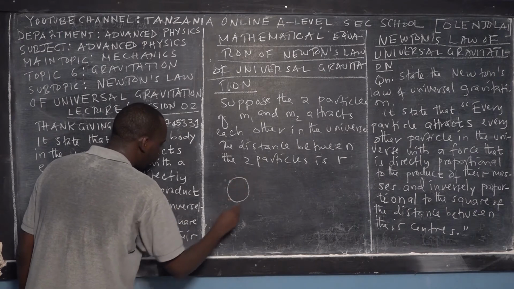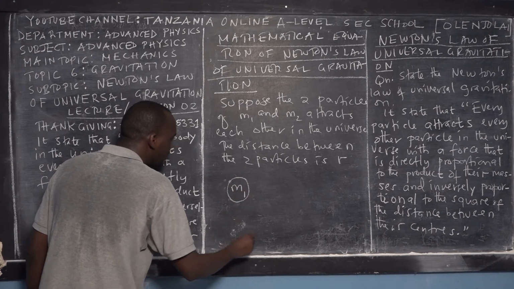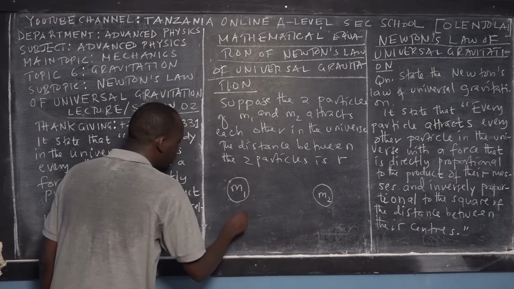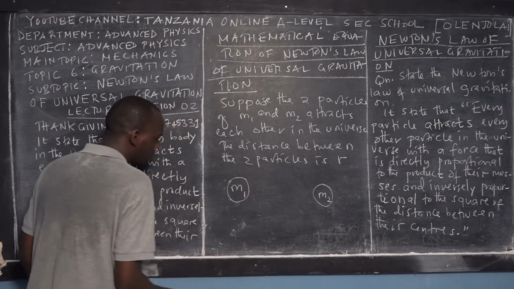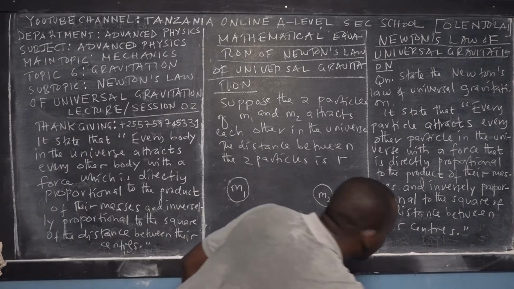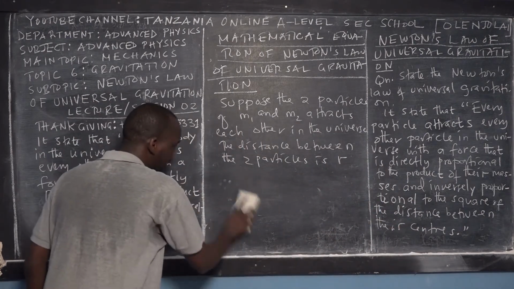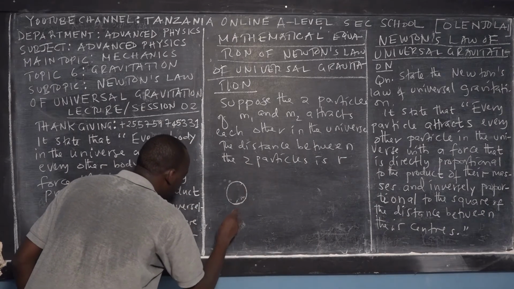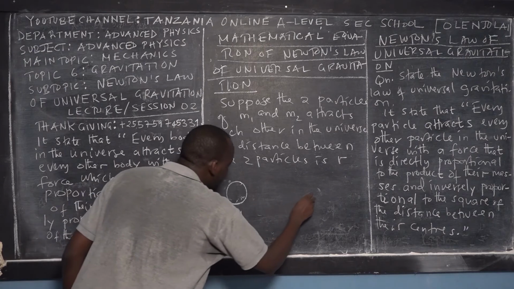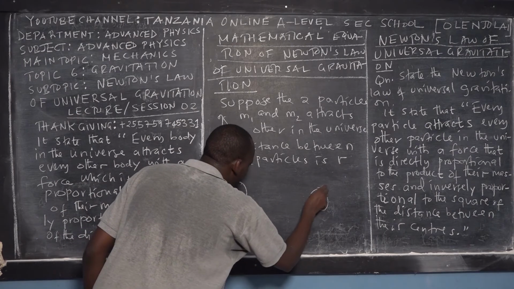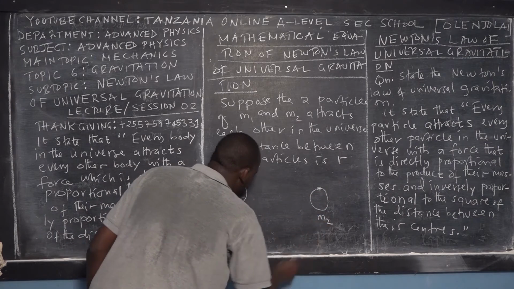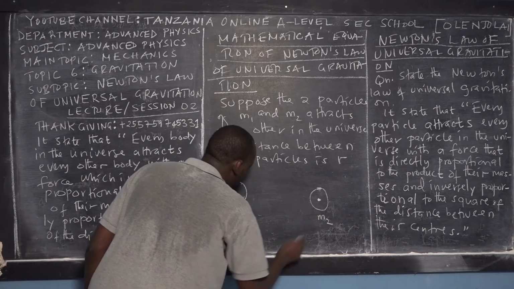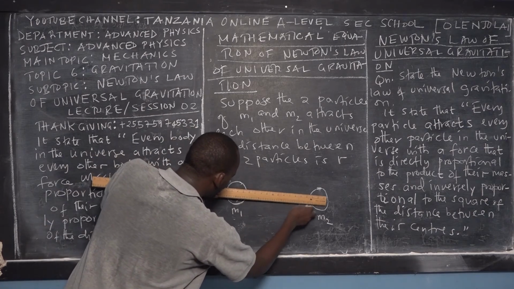Suppose that this is the first particle, we have mass 1. Here we have another particle, we have mass 2. Remember that we call this the mean distance. Let me just follow the law. Suppose this is particle 1, here we have mass 1, and this is particle 2, here we have mass 2, right? So this is the center of the first particle, and this is the center of the second particle.